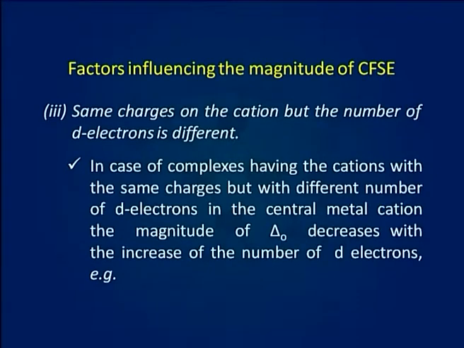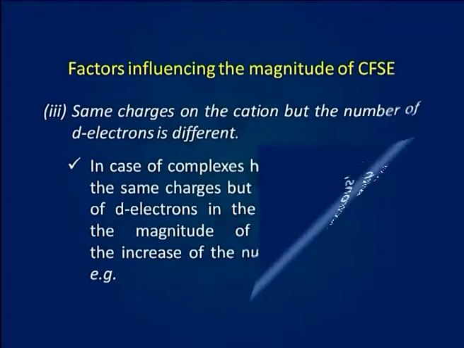Hence, the water molecules approach the chromium 3+ ion more closely than they approach the vanadium 2+ ion, and so exert a stronger crystal field effect on the d electrons of chromium 3+ ions. In case of complexes having the cations with the same charges but with different number of d electrons in the central metal cation, the magnitude of Δo decreases with the increase of the number of d electrons.